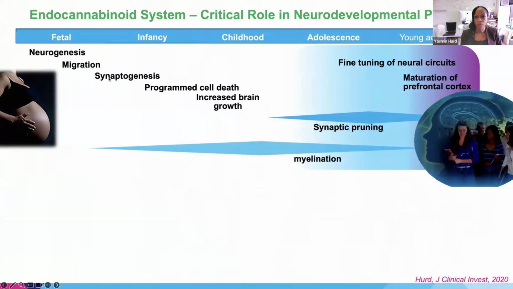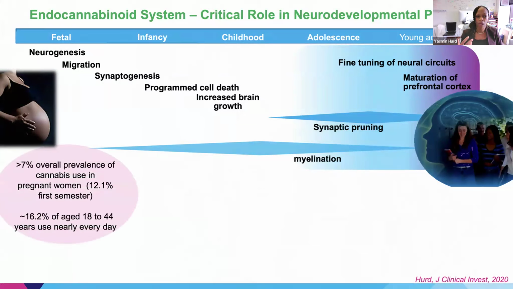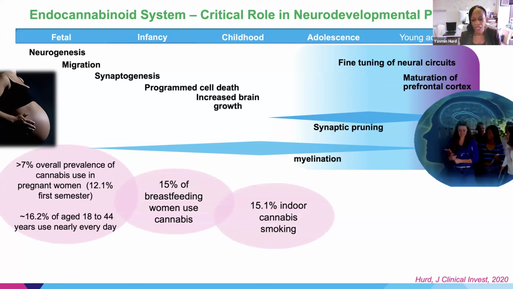So this is really important, given the critical role of the endocannabinoid system in neurodevelopment, when we now know that pregnant women are increasing their use of cannabis. We even have nearly 60% of women of childbearing age who will use cannabis even daily during a time period when the endocannabinoid system plays such a role. Obviously, women use cannabis while breastfeeding.